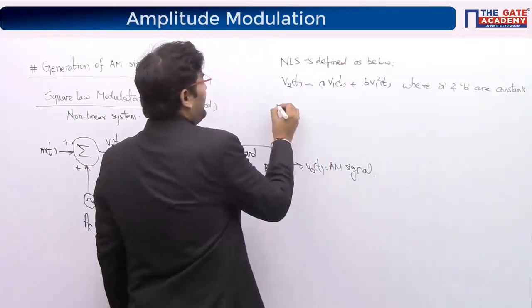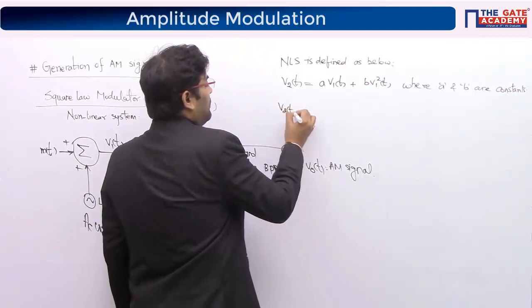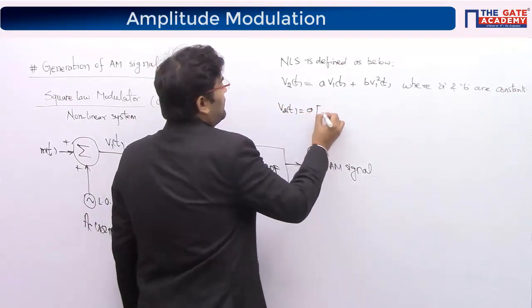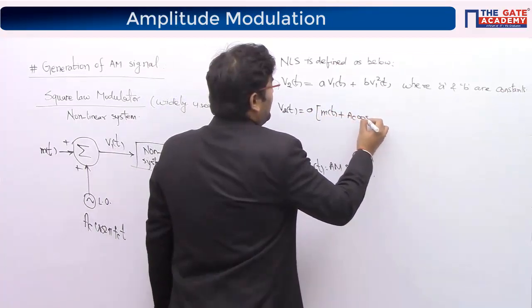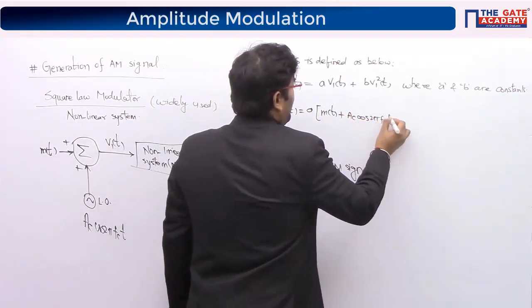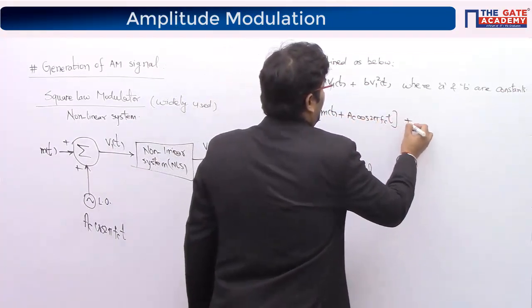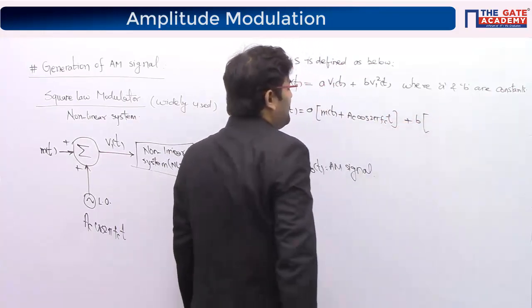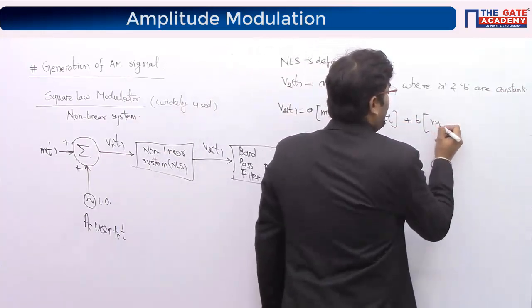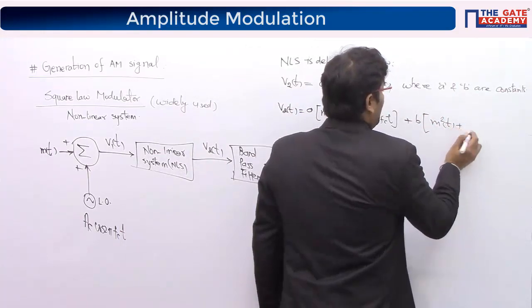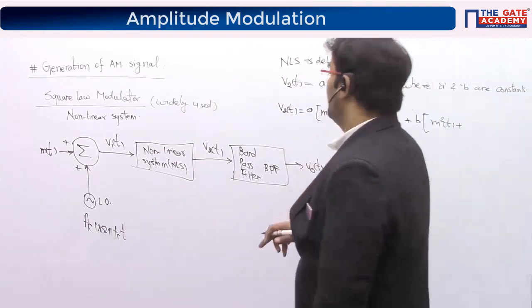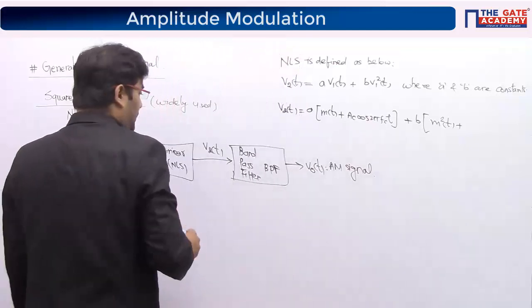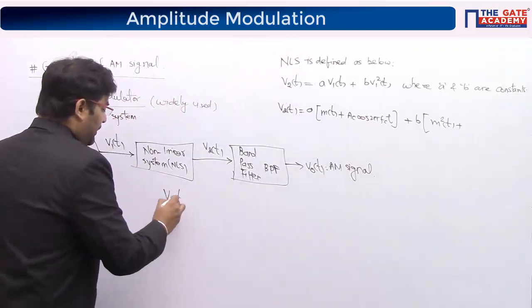So v2(t) I can write as equal to a times m(t) plus Ac cos 2πfct, plus similarly b into square, meaning m(t) plus Ac cos 2πfct all squared, because you have to square the v1(t). What is v1(t)? Guys, v1(t) is the summation of these two signals, don't forget that.